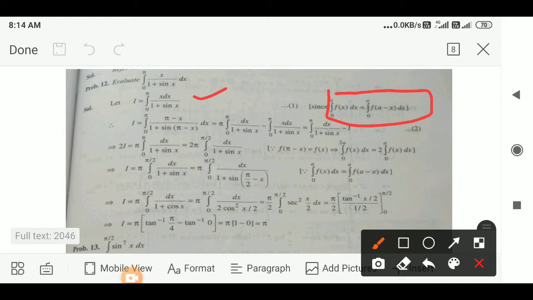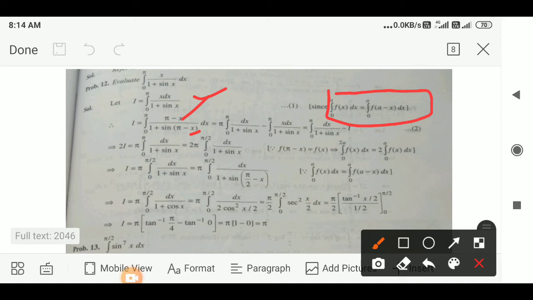So each x will be replaced by pi minus x, because in place of a here is pi. So each x will be replaced by pi minus x over 1 plus sin of pi minus x dx.